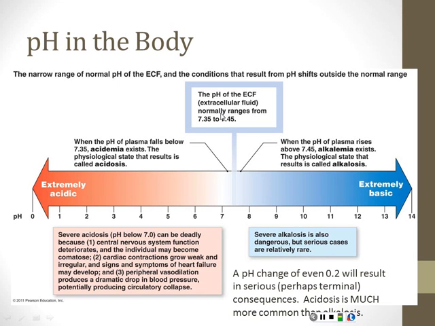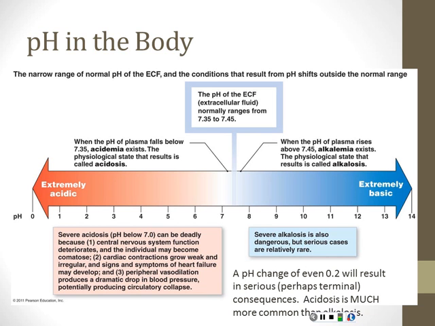The human body is just slightly alkaline, so slightly basic. So 7.4, and this is a number you should know for sure. 7.4 plus or minus 0.05, right? That's normal pH. And a departure from that of even 0.2, so if you get a lab and the patient's pH is 7.2, that's a critical value.